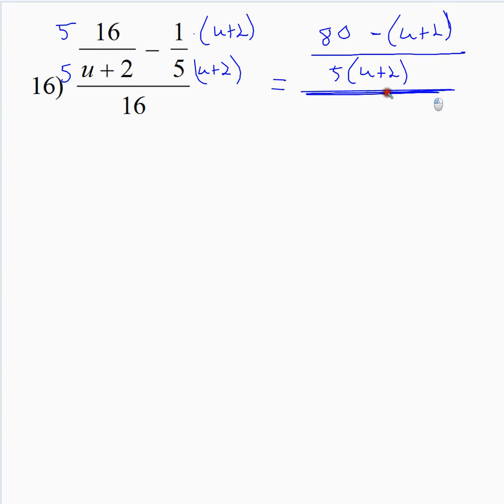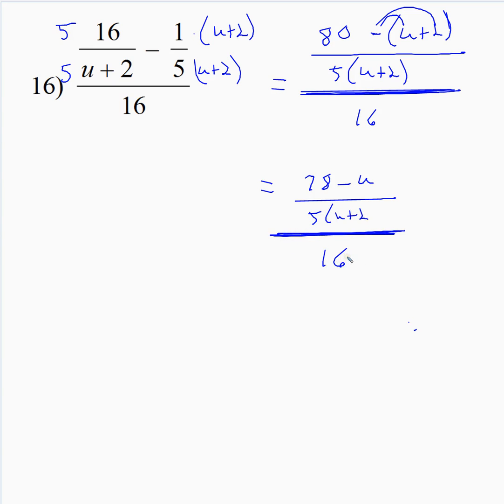Over 16. I'm going to go ahead and simplify the top here. This is 80. This negative will get distributed. So we actually have an 80 minus 2, which is 78, minus u over 5 times u plus 2, all over 16. When we're dividing by 16, that's like multiplying by the reciprocal of 16.